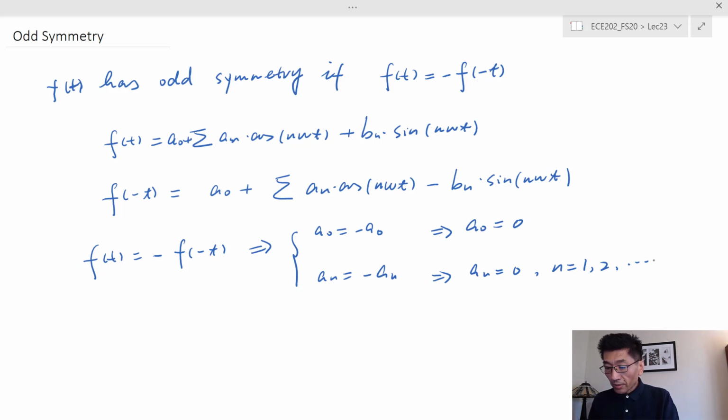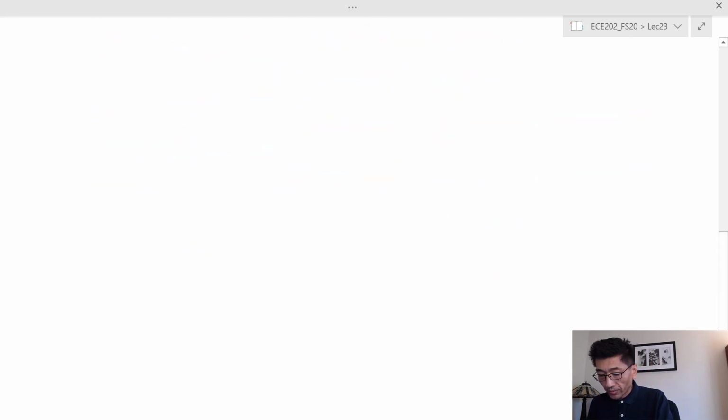This is also intuitive, because the cosine functions are even functions, so you can't really have even terms in an odd function. So that's it.